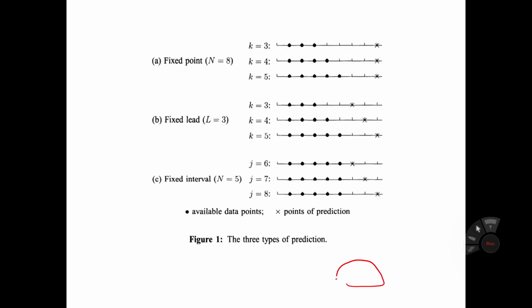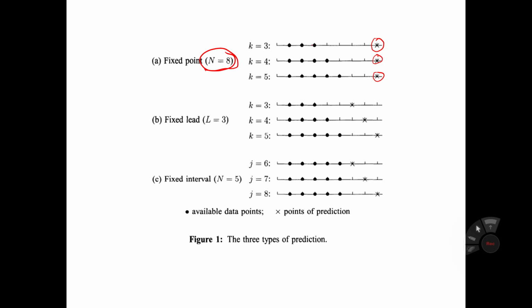For example, you can see in this figure the fixed point is n equals 8, and this is the fixed point prediction. Now to get here, you are predicting each scan individually, like this.